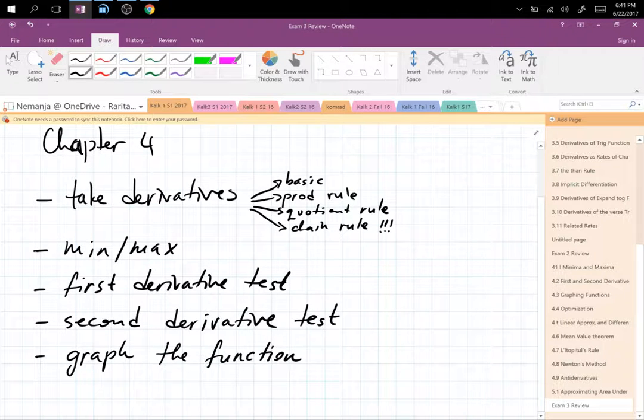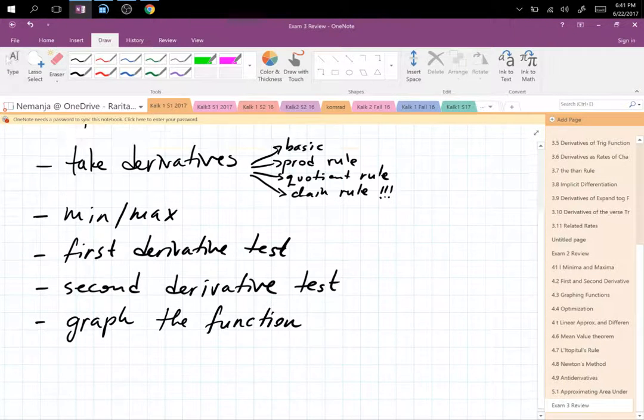I will give you the information for this. You don't have to compute everything from scratch because there will be a separate problem for the first derivative test with analysis, and then the second derivative test with analysis and all of that.